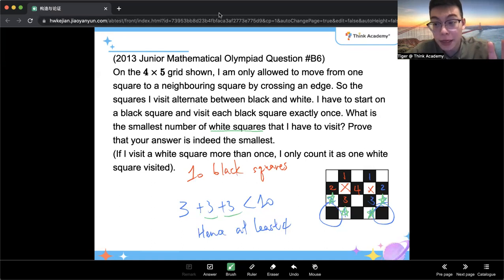Don't ever start to think about how you can move. Think about how you can connect the blacks with the whites. That's what the question is actually asking you to do. Because you would need the white squares to connect the black squares that you need to visit, right? So for example, if you need to get to the corner black square, you need one of these 4 squares, which is marked with a star.